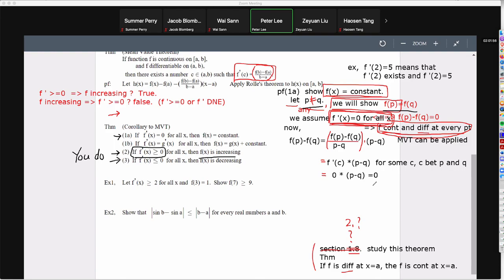That's the hard part. Again, the hard part is that these proofs are very short. You must formulate the proof.